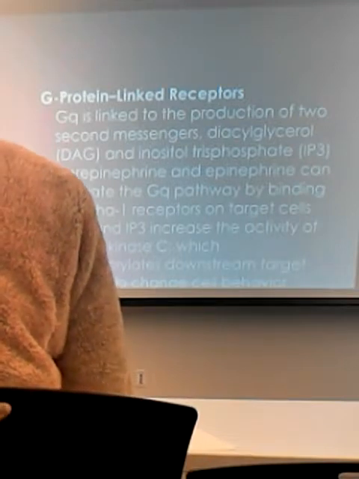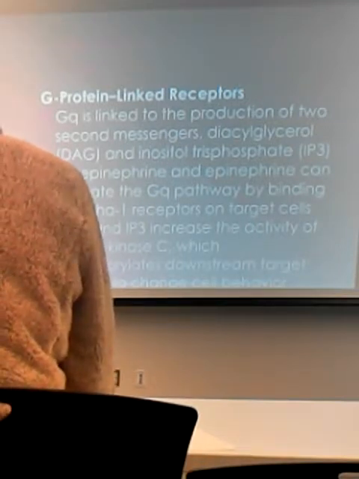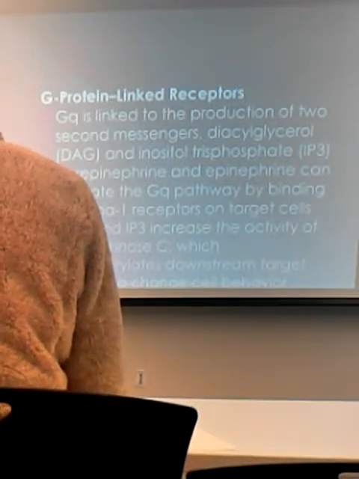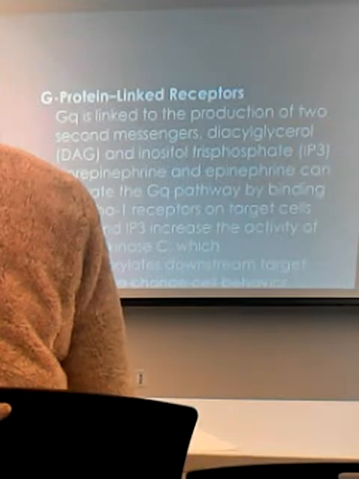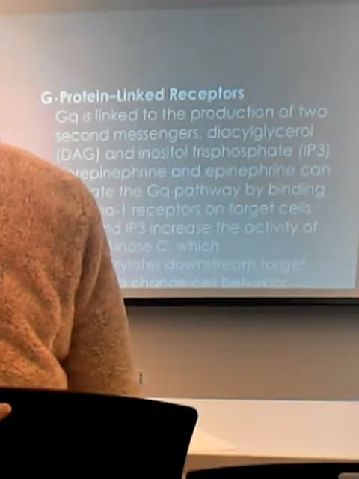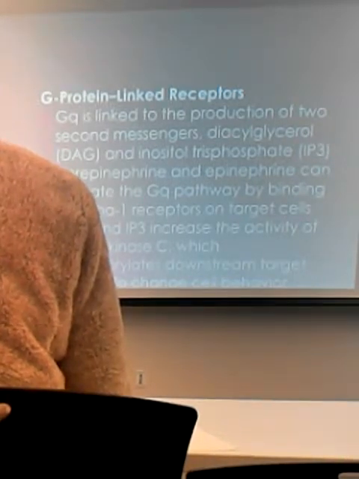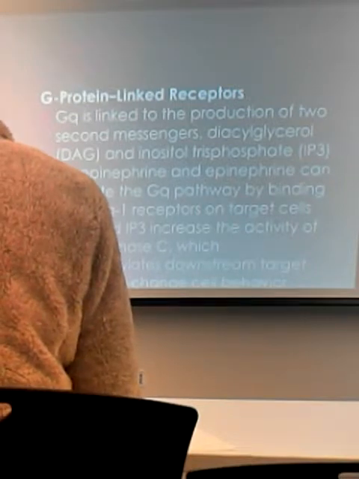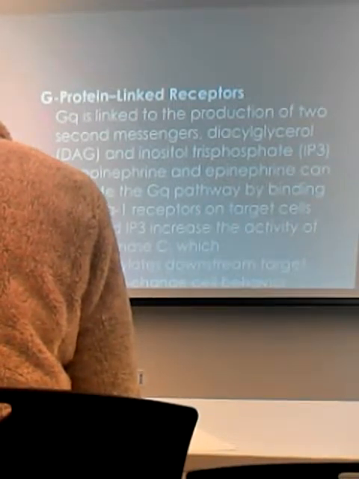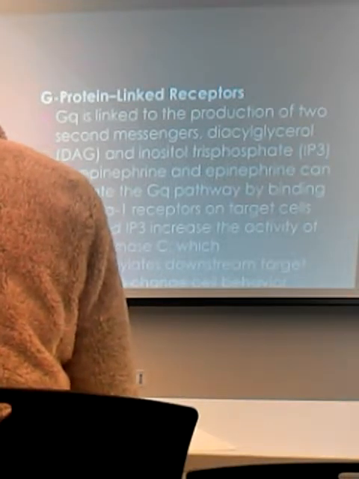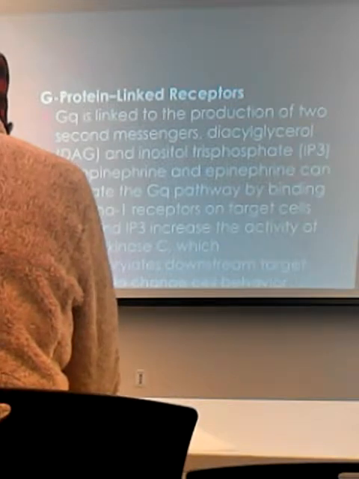So here you have IP3 and DAG as the secondary messengers, and they activate protein kinase C, which does phosphorylation. Gs: cyclic AMP, protein kinase A. Gq: IP3 or DAG, and protein kinase C. Make sense? Okay.